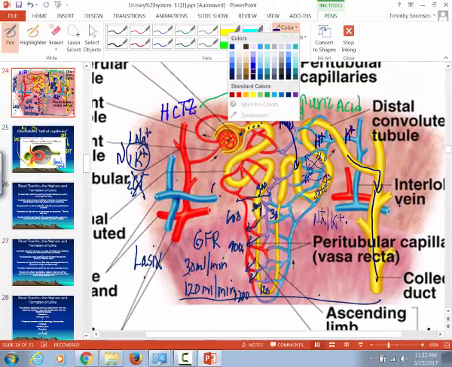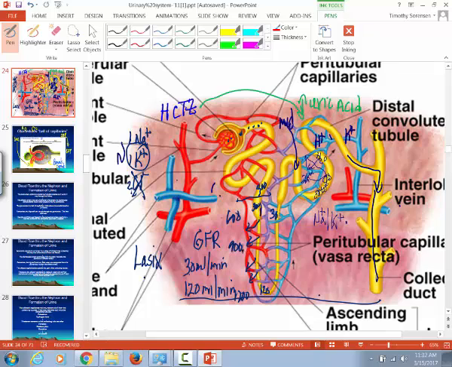So watch. There's a drug called aldactone. You've heard of it? Spironolactone. You've heard of that? That inhibits the effects of aldosterone in the distal convoluted tubules.